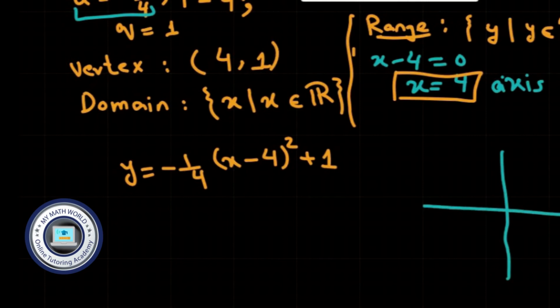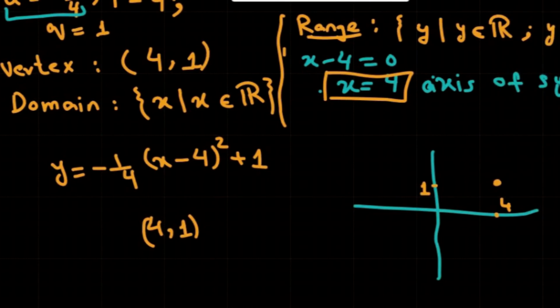Our vertex was 4 and 1. Let's write it separately. 4 on the x-axis would be somewhere over here, and positive 1 is over here roughly. So this point is the vertex, and the direction of the graph was opening downward, so we have to draw it carefully. It would be something like this.